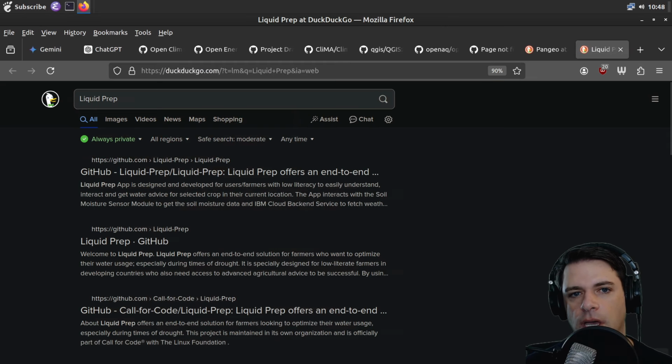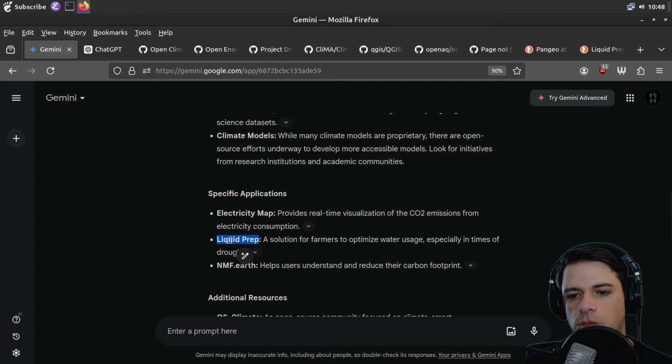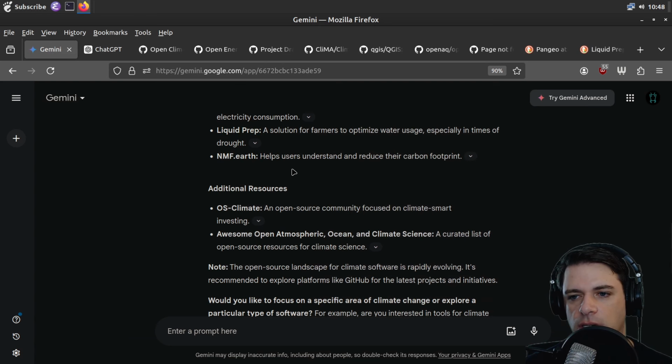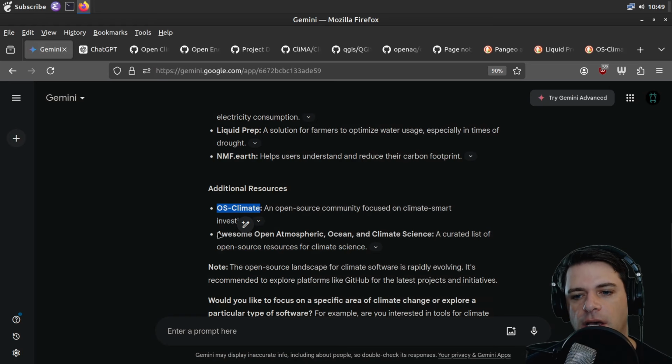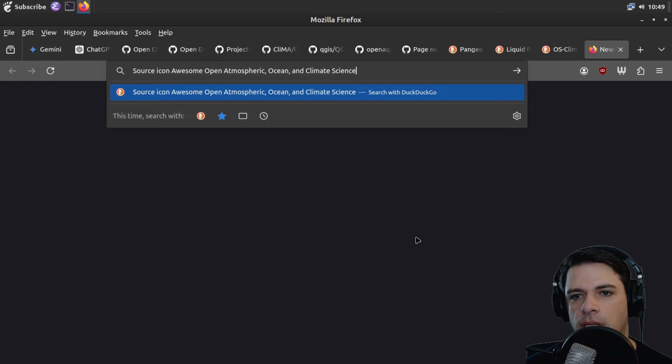Yeah. Okay. So we'll tour through these and see if there's anything we want to look at more closely. NMF.earth, reducing climate carbon footprint. There's OS-Climate, and this awesome atmospheric ocean and climate science thingamajiggy.